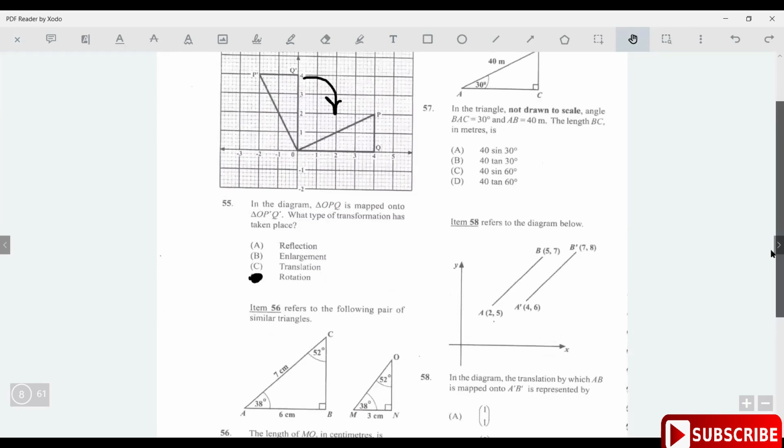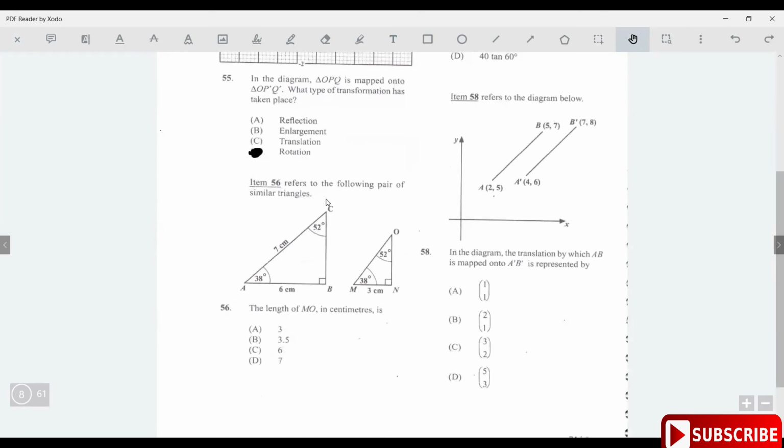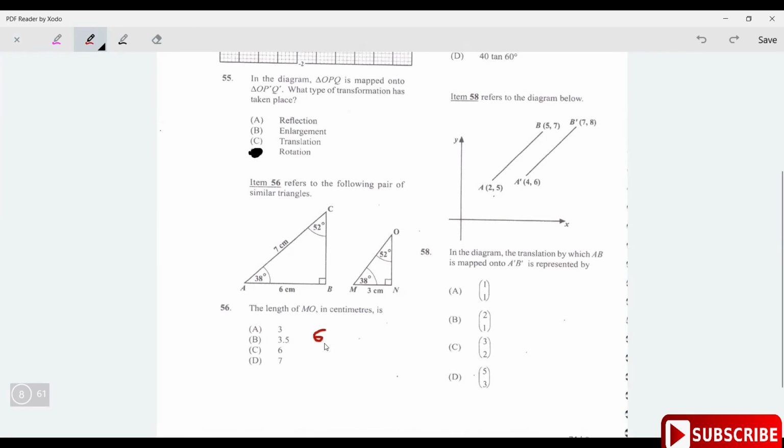Question 56. It says, the diagrams give two similar triangles. Find the length of MO in centimeters. MO is the hypotenuse over here. Now, there are two ways we can do it, but the easy way is using similar triangle rules, where you can say that AB over AC, so 6 over 7, is equal to 3 over MO.